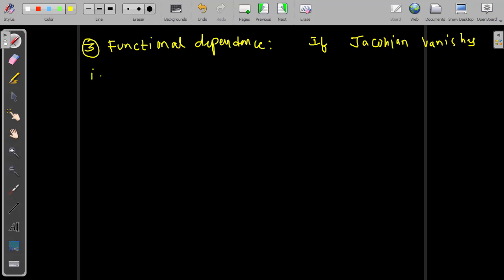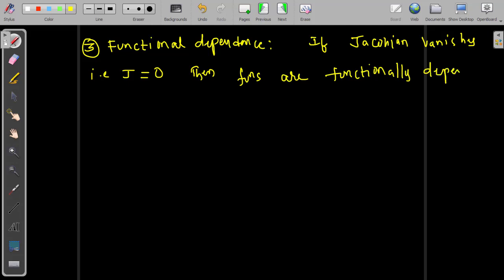Which means if J is equal to 0, then the given functions are functionally dependent. Very simple idea: first find the Jacobian of the given functions. If the determinant value is 0, we can say the given functions are functionally dependent.